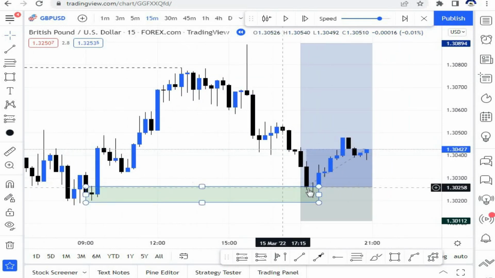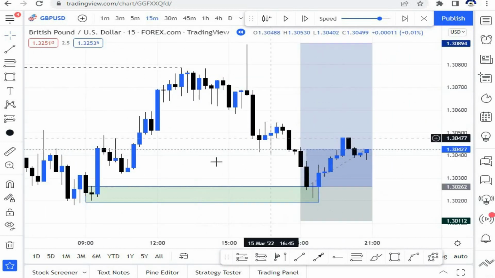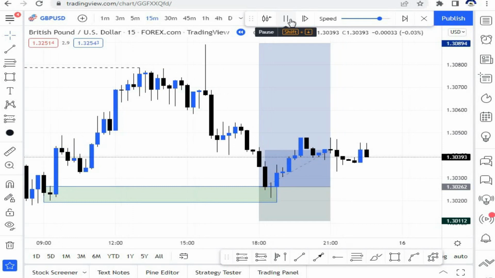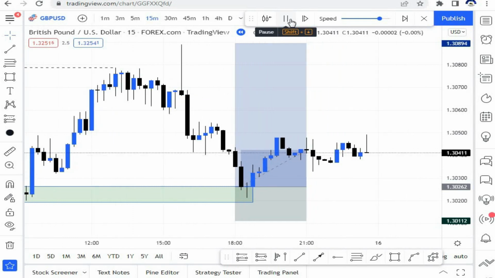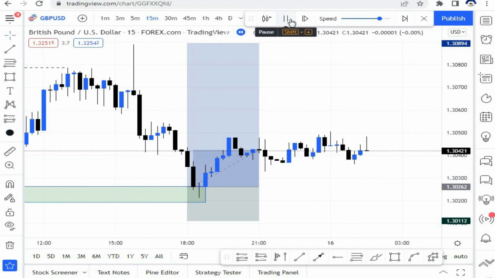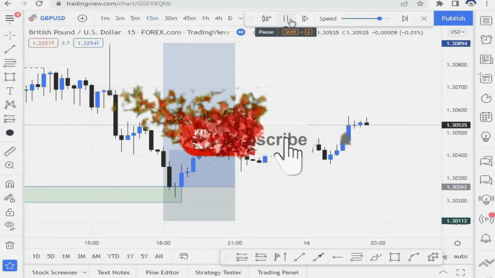So the price went into the demand zone, picked up the orders, and shifted the market going up. Now let's see what the price will give us. And as you can see, price is going up, giving us those compressions.